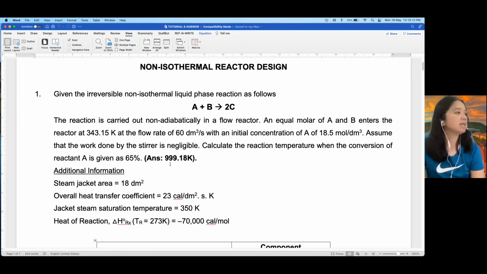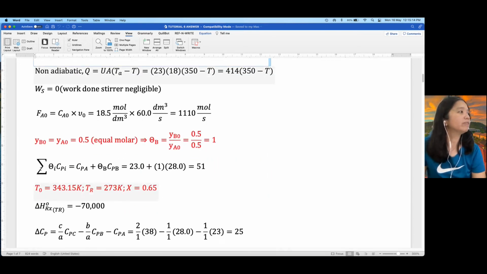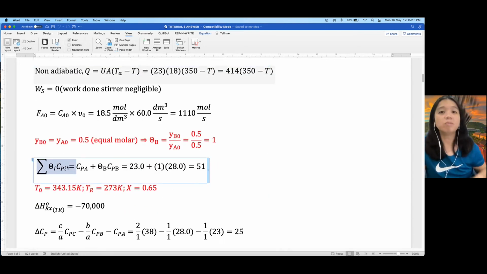So the summation of theta I CPI will be equal to CPA, heat capacity of A. Technically, as I always mention, to avoid confusion, it should be theta A CPA, but theta A is 1, so we do not write it out. So it's CPA plus theta B CPB. Theta B is not necessarily 1, so we have to write it. So you write plus theta B CPB.